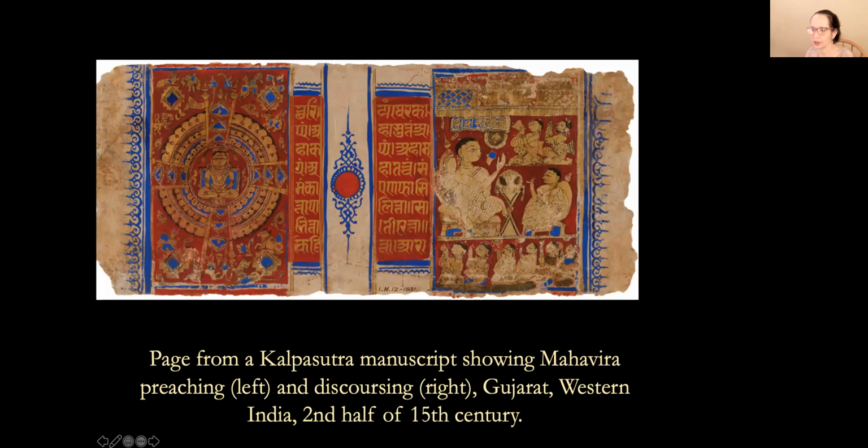But enlightenment is shown with Mahavira surrounded by the cardinal points, four directions, and this is the way temples, which we'll talk about in our next session, are structured with four points. And then surrounding the enlightened figure of Mahavira, we have animals and other figures in a state of devotion.